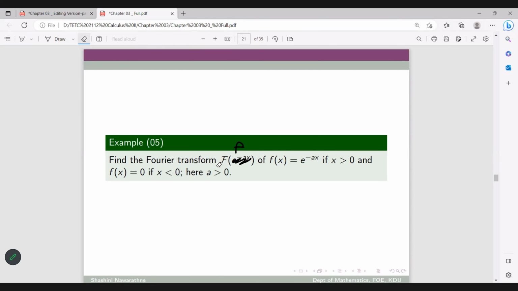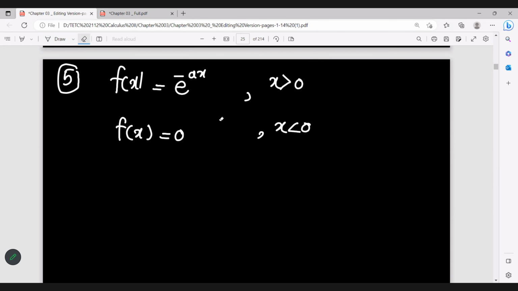Now here the question is correct. So we need to find the Fourier transform of f of x.